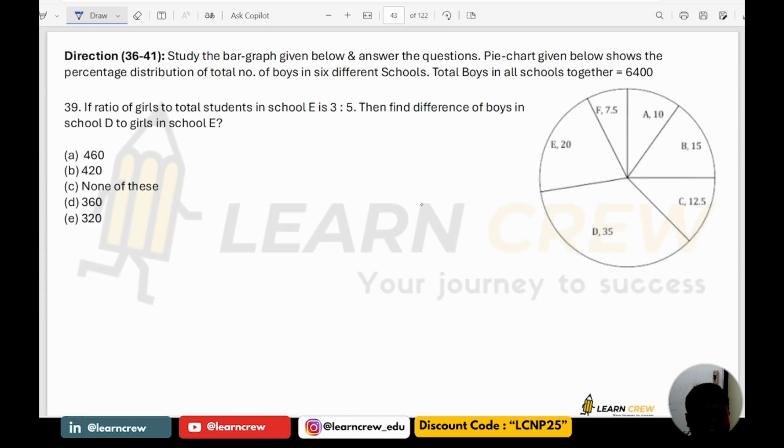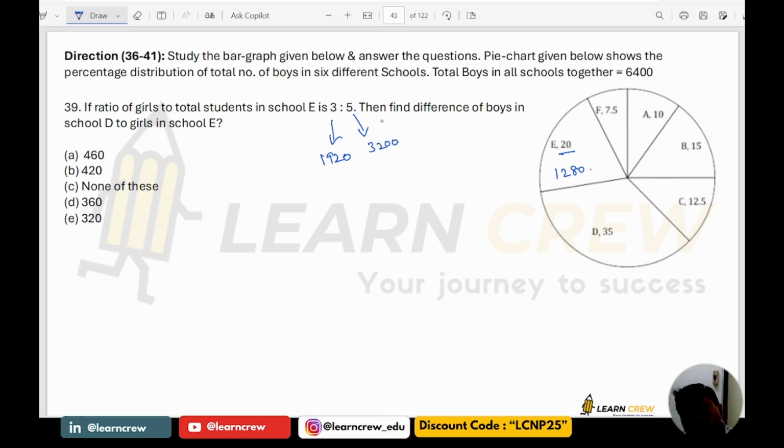Next, the 39th question. The ratio of girls to total students in school E is 3:5. 20% will be 1280, right? So here boys is 2 parts, which is 1280. If 2 parts is 1280, then 3 parts would be 1920. So girls in E is 1920 and the total is 3200.